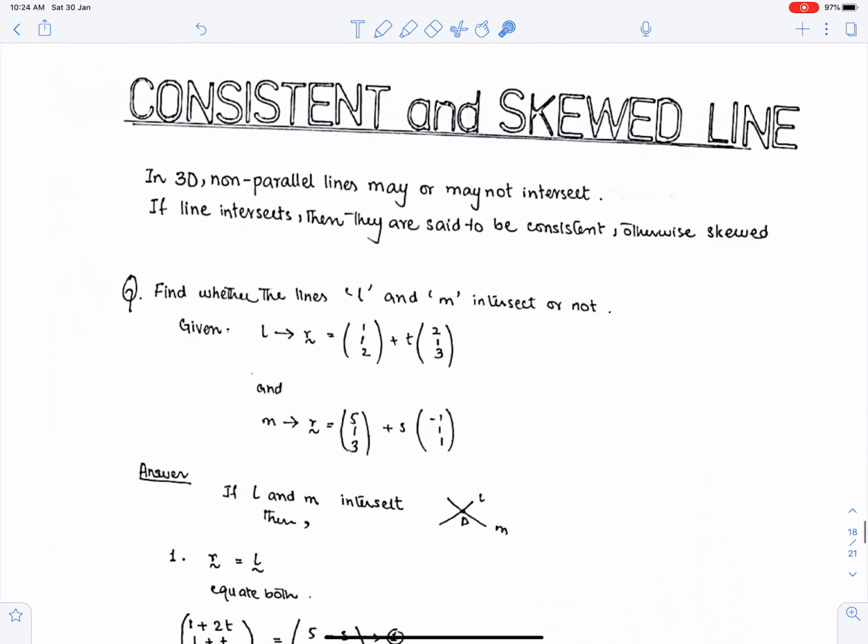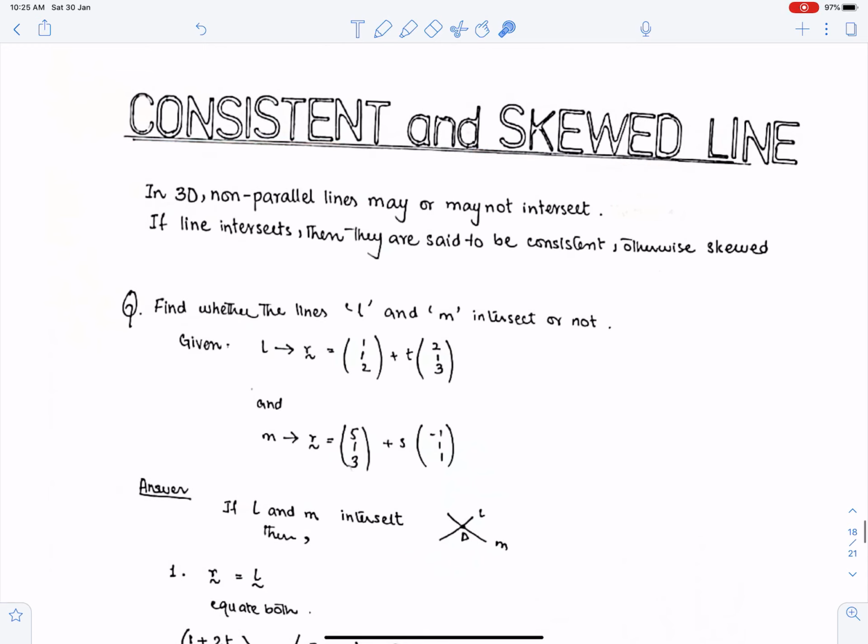This is the next important topic of this lecture, of this chapter in fact. Consistent and skewed lines. Consistent means lines intersect and skewed means lines do not intersect. That's it. In 3 dimension, non-parallel lines may or may not intersect.